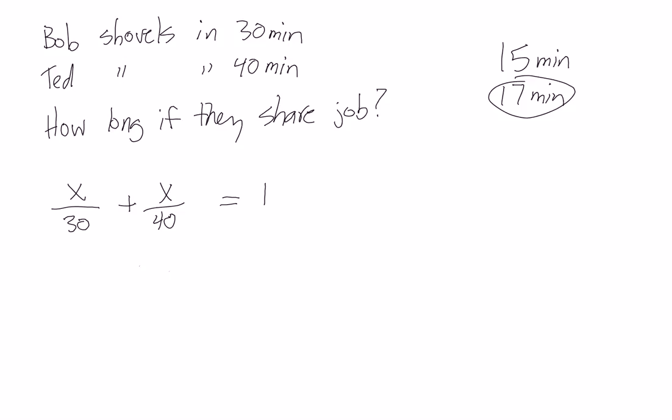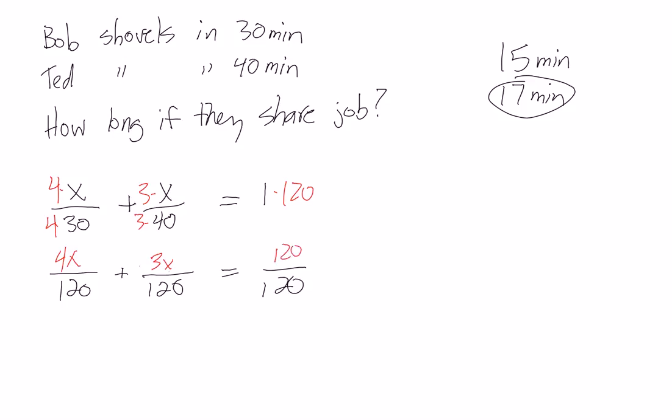So now when we go to solve it, the rest is pretty straightforward. In this case, our common denominator would be 120. So write it as 120 for all of them. We would times the first fraction by 4, so we'd have 4x over 120, times the second fraction by 3, so that gives us 3x over 120, and the last one is 1 times 120 over 120.